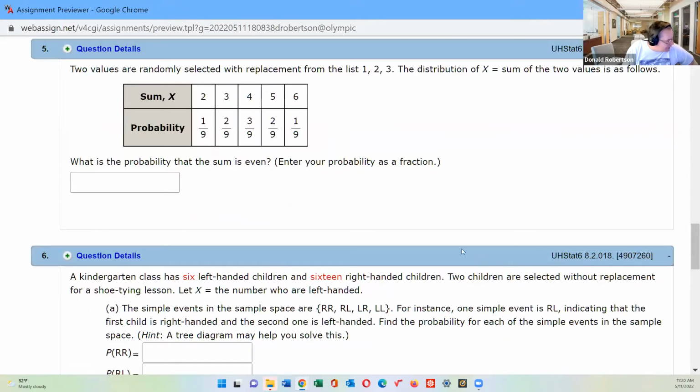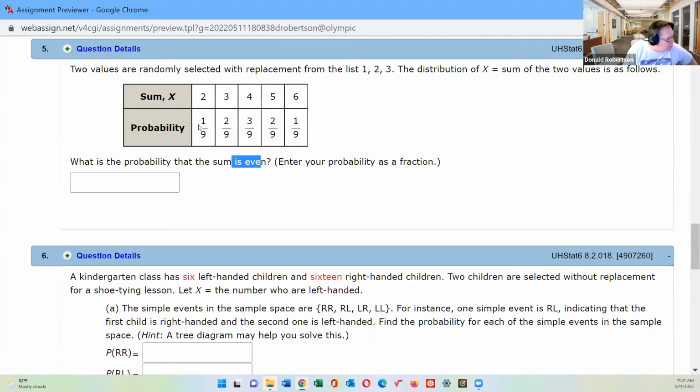Now in question 5, here is a table, a probability distribution table. And it's giving you X, the sum of 2 values. So they're rolling something, whatever it is. The probability that the sum is a 4 is 3/9. The probability that the sum of them is 6 is 1/9. It says here, what is the probability that the sum is even?